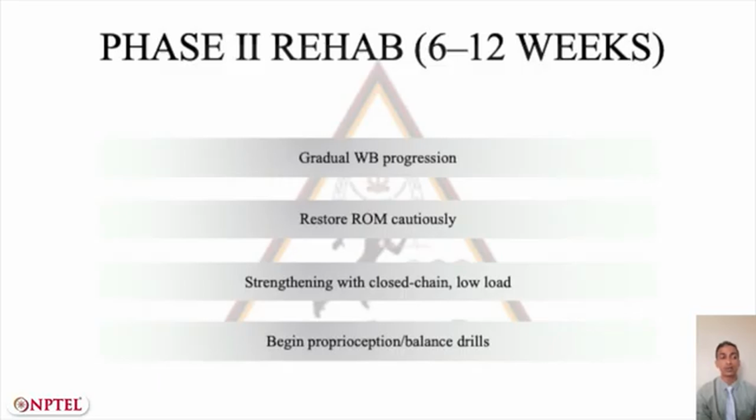In this phase, we can also start balance and proprioceptive training to restore the joint position sense. This helps the patient to regain joint awareness and stability. And with stability, the patient also gains psychological advantage and confidence.